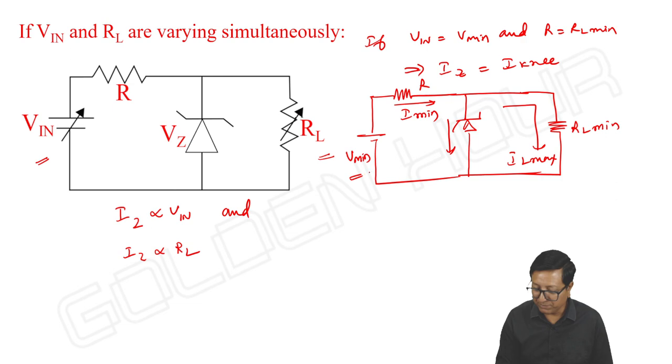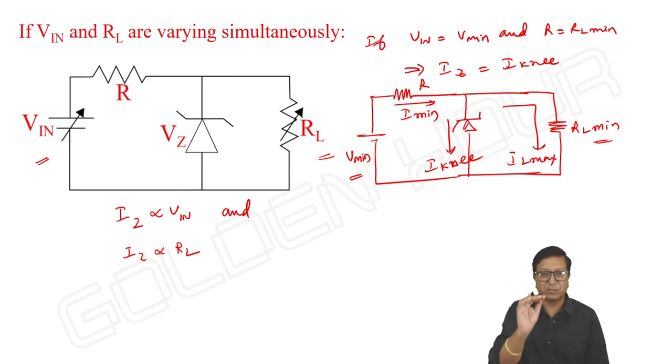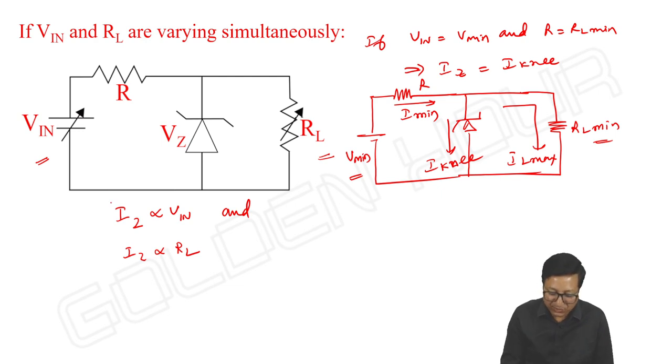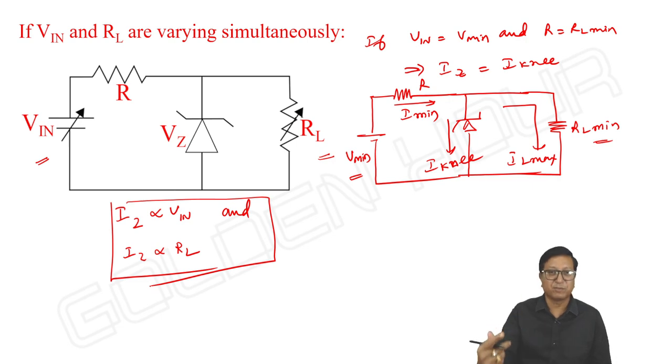As input is minimum and RL is minimum, IZ is minimum. That's it. This is how the circuit is. This combination only should be used. You cannot take V maximum, RL minimum, etc., and IZM and all. Okay. As we understood, IZ is proportional to input and RL. When both are minimum, that time IZ should be minimum.